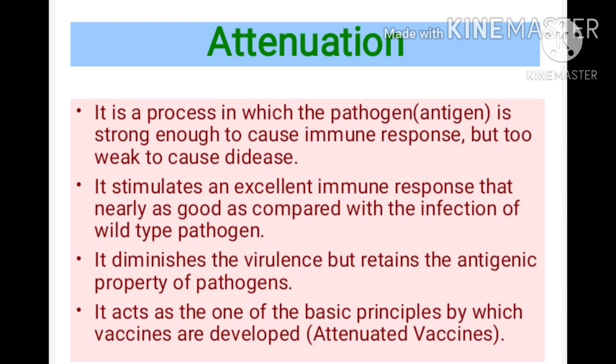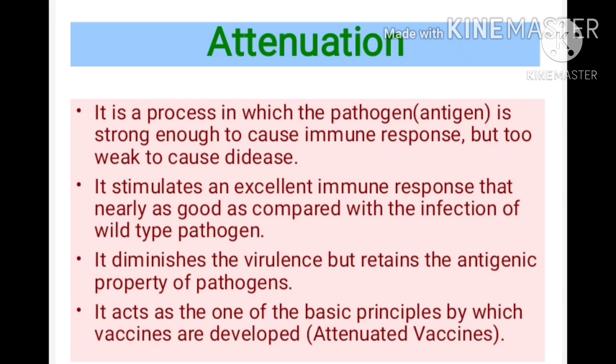Attenuation stimulates an excellent immune response that is nearly as good as compared with the infection of wild type pathogen, but that pathogen is totally incapable of generating disease. Actually, attenuation diminishes the virulence or disease causing capacity of the pathogen but retains its antigenic property, that is, its property to provoke immunological response.